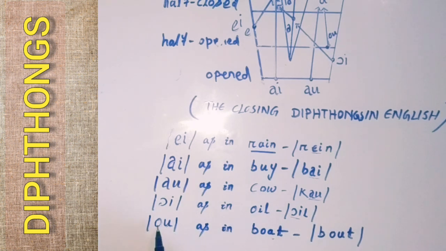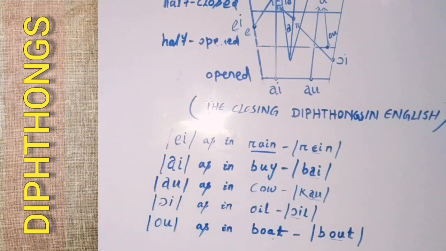Then the last gliding vowel is /əʊ/ as in the English word boat, and its phonetic transcription is /bəʊt/, with a small t, put within two bars.